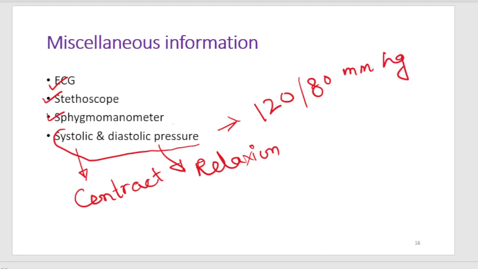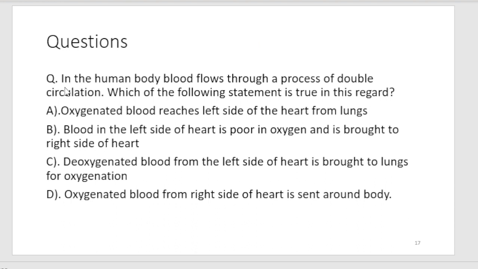Now let's come to some of the top questions with regard to this topic. In the human body, blood flows through a process of double circulation. Which of the following statements is true in this regard? Oxygenated blood reaches the left side of the heart. You must have heard in this video that first oxygenated blood from the lungs reaches the left side of the heart.